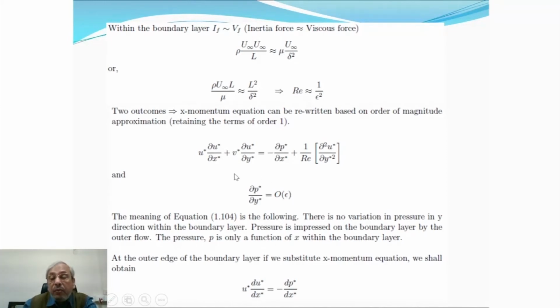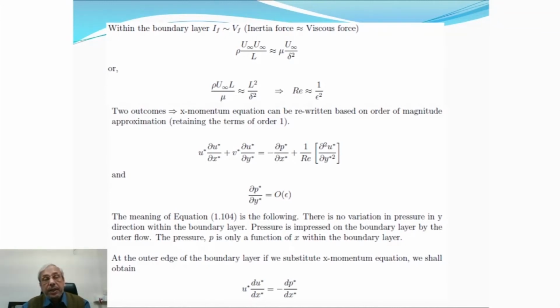There is no variation in pressure in Y direction within the boundary layer. Pressure is impressed on the boundary layer by the outer flow. The pressure P is only a function of X within the boundary layer. So within the boundary layer, pressure is a function of X, but pressure is not a function of Y.